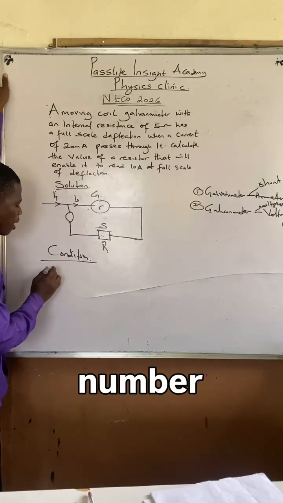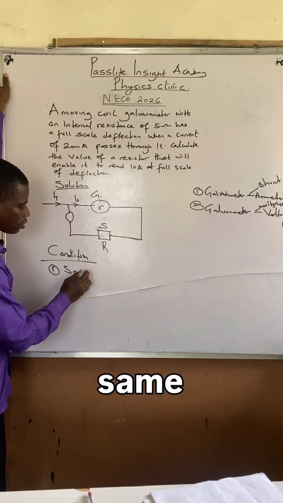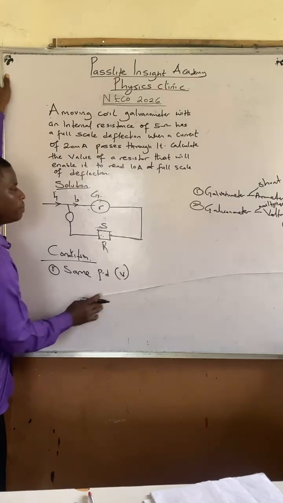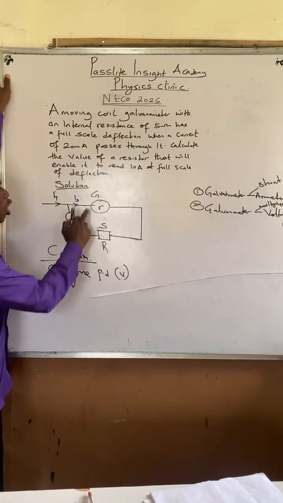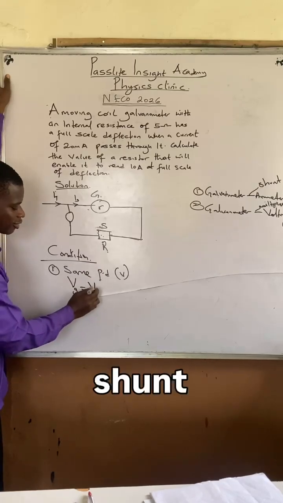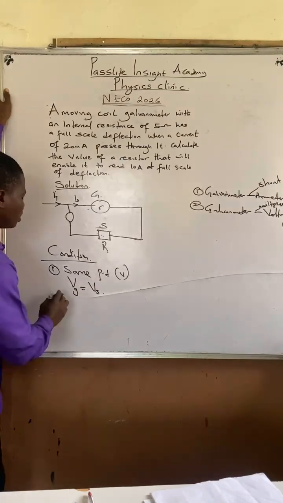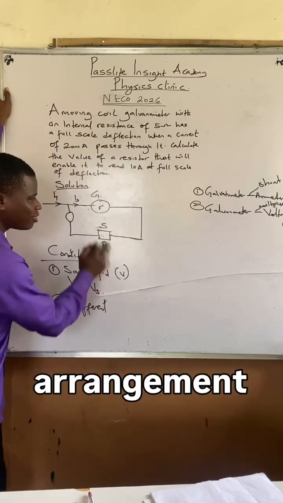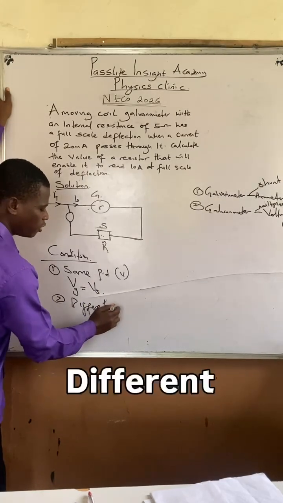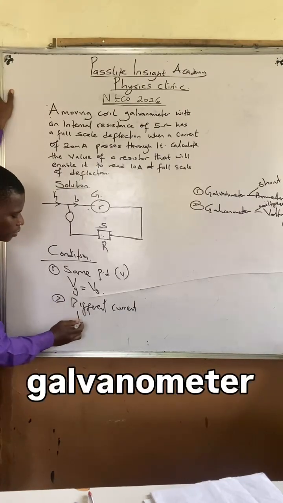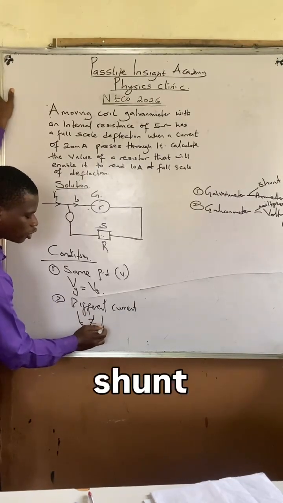Number one, they have the same potential difference, meaning the V of the galvanometer must be equal to the V of the shunt. Then number two, they have different currents because the arrangement is in parallel. So the I of the galvanometer is not equal to the I of the shunt.